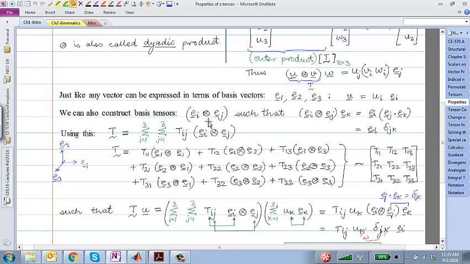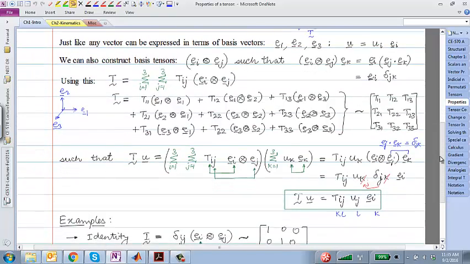When you list all of those 9 possible tensor bases, you get 9 different tensors which correspond to specific positions in the component matrix version of that tensor. So essentially, any tensor can be written in terms of its 9 component tensors, which are given in those individual tensor bases.